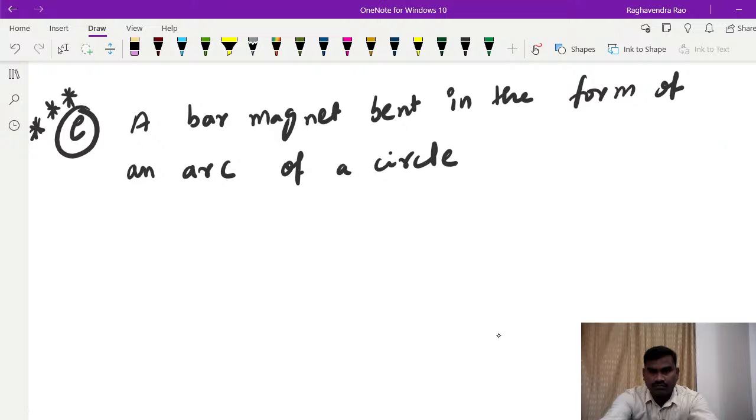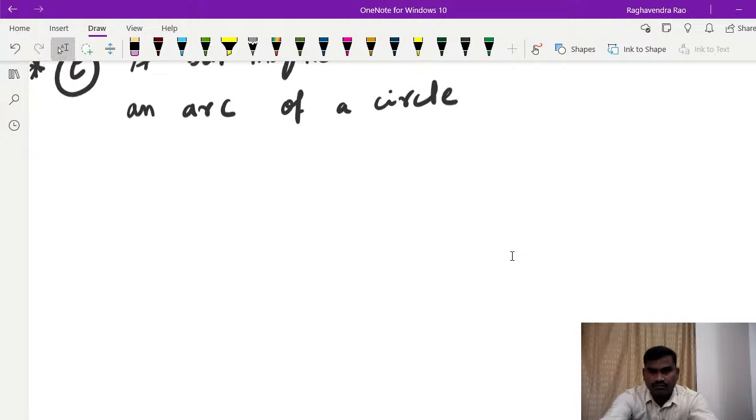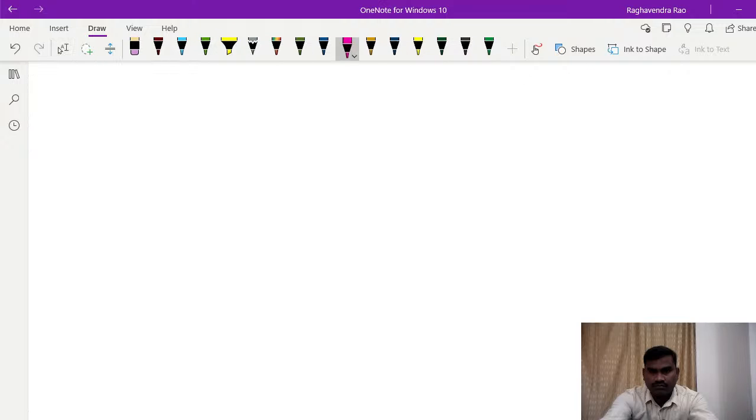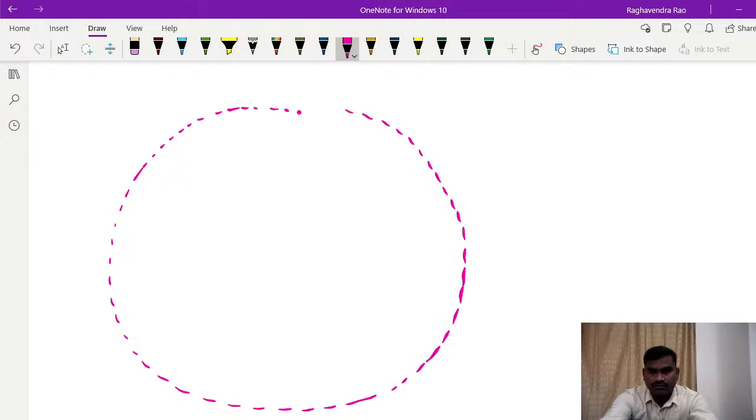We'll take some big one, then the diagram becomes visible. Now we can take a circular path. This is a circle of radius r, and this is the center of the circle.